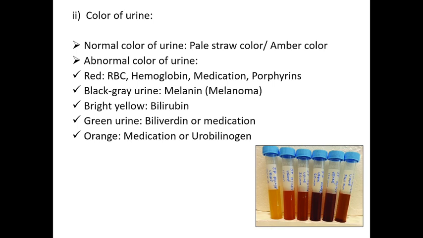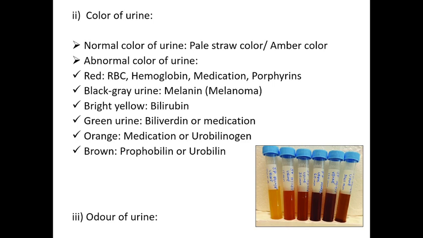It can become orange in color due to certain drugs or due to the presence of urobilinogen. And it will be brown in color due to the presence of porphyrins or urobilins. So that's about the abnormal colors in urine, while the normal color of urine is pale straw color or amber color.